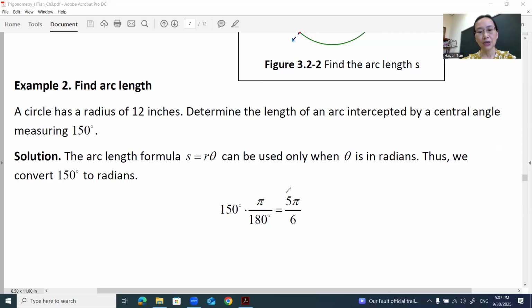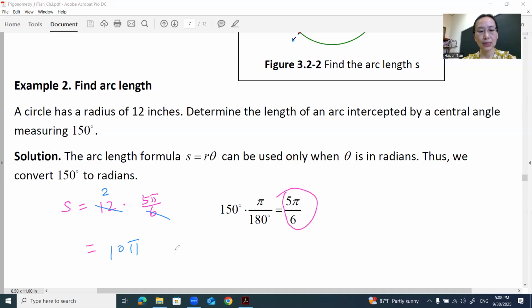So with that radian measure, we can apply the formula. So the arc length corresponding to 150 degrees will be the radius, which is 12 inches, times the theta in radians. To get this product, we can cancel the 6 with 12. So that's 2. 2 times 5 is 10, so 10 pi is the arc length.